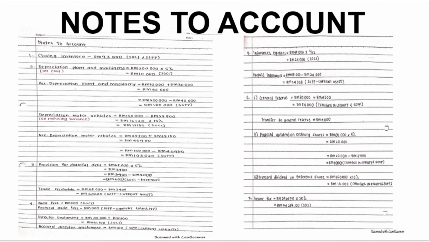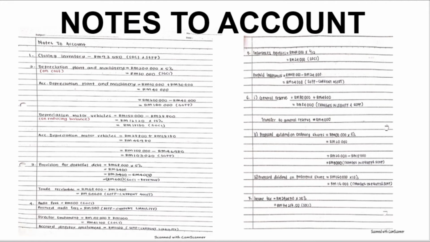So if you had a provision in the previous period and we have a new provision, and the old provision is greater than the new provision, then you put it under other income.